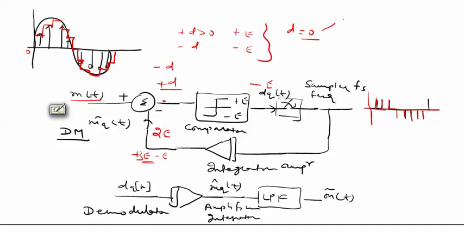It may jump to either plus e or minus e, in either direction. If it jumps to plus e, this much error is added to the signal. Jumping to minus e means this much error is added to the system, so the maximum error in DM is plus or minus del.